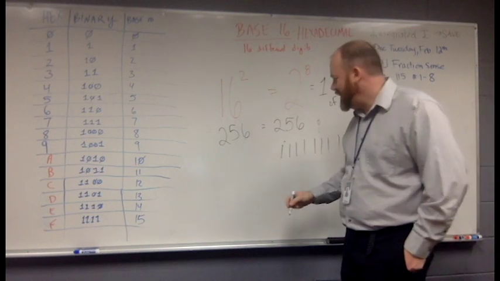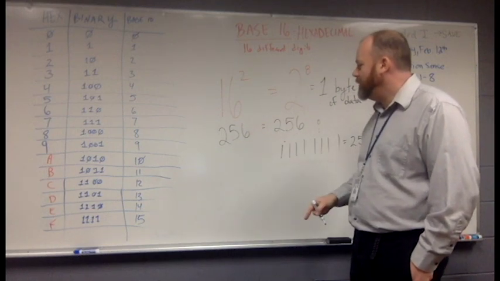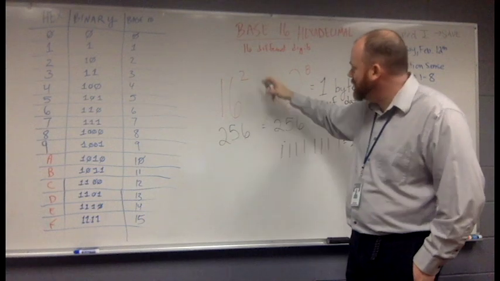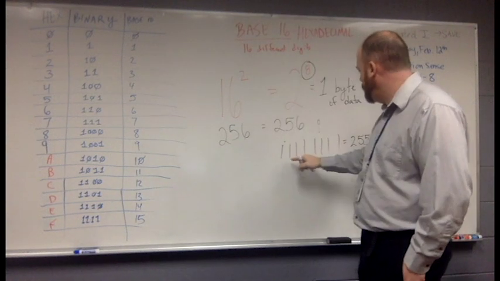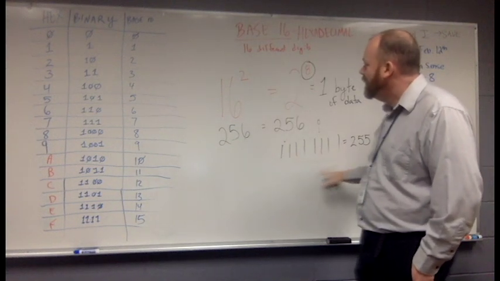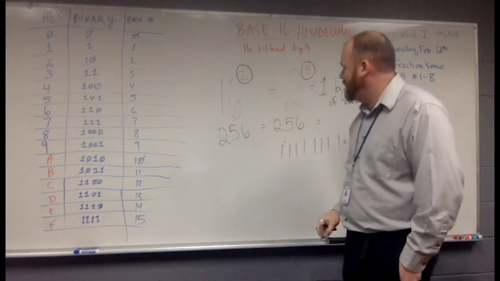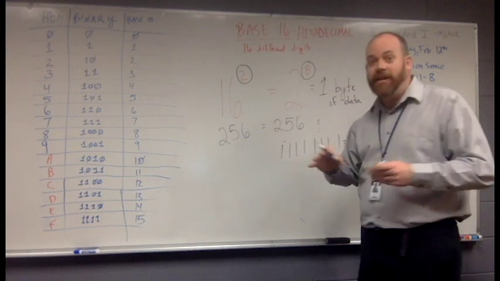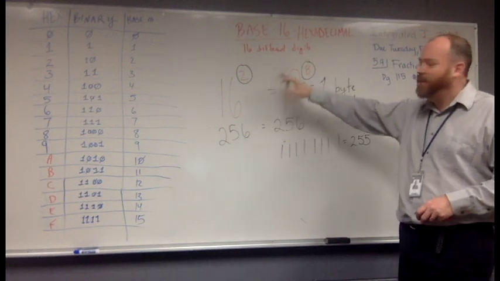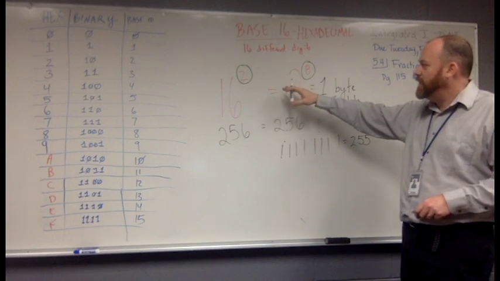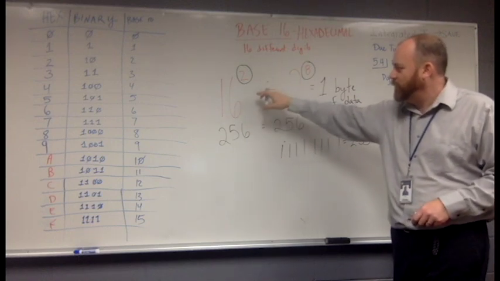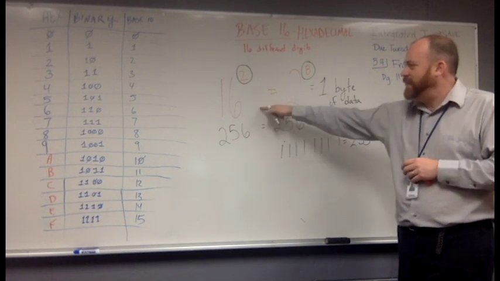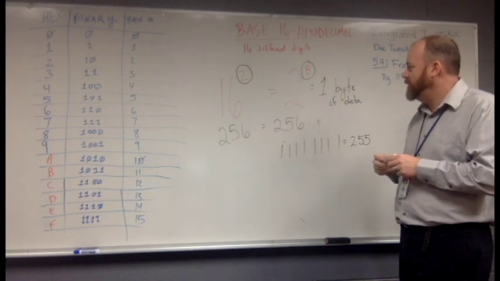But we can do the same thing here. All we need is 2 digits. Instead of 8 different digits to show a byte, which gets really long, we can use 2 digits to show a byte. And so what am I saying? I am saying that in the end, hexadecimal is handy for computers because it's a shortcut. We can represent big numbers in less space when we use base 16 instead of using base 2.